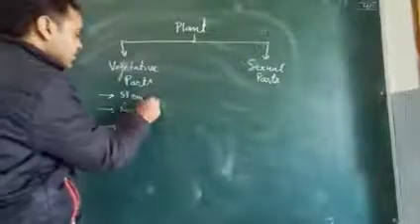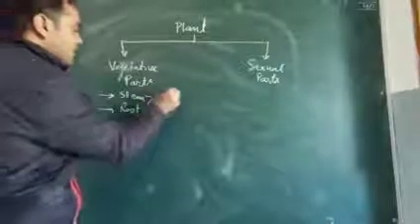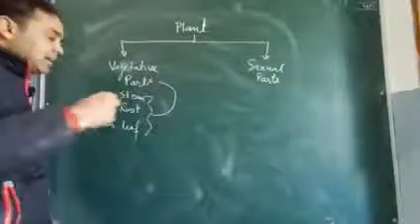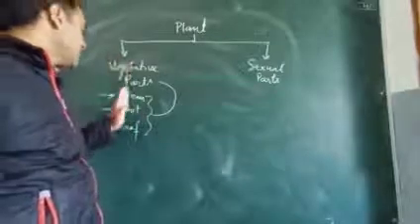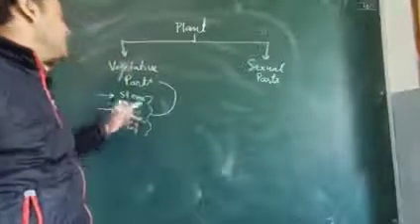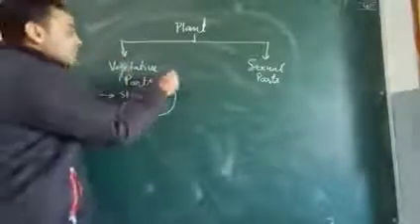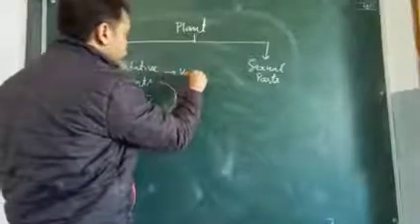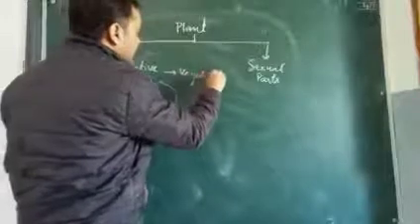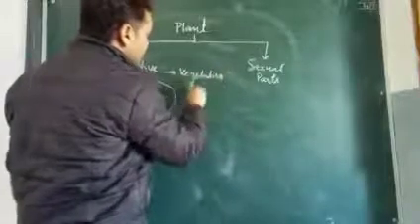These are called the vegetative parts. These are included under the vegetative parts, like stem, root or leaf. So if the reproduction is done by these vegetative parts, then this reproduction is called vegetative reproduction.